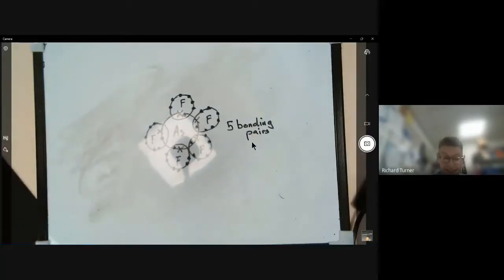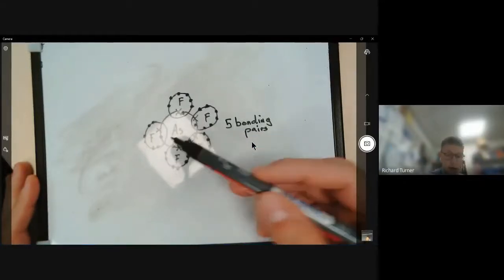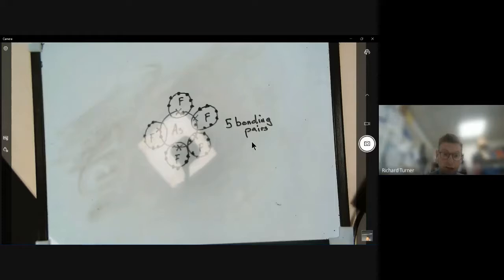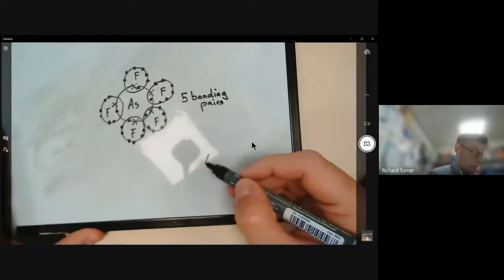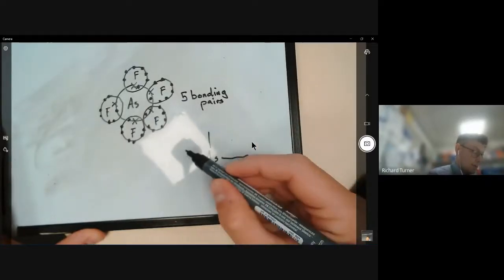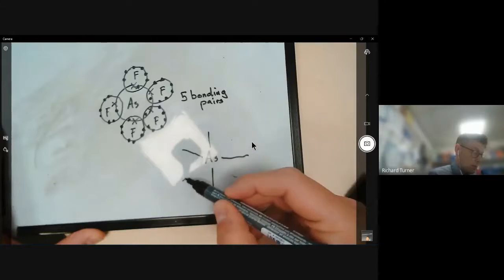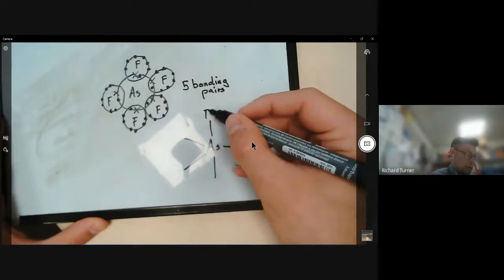But again, this gives us no indication of the actual 3D nature of the shape. But this molecule, we've got lots of electron density. The electrons want to repel each other, and they're going to do that equally around the astatine. Okay, so earlier we discussed this. We get a molecule where the only way they can all be around the molecule equally is this shape here.